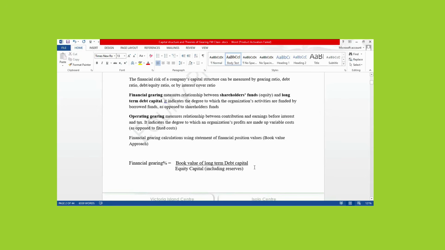You calculate in percentage, please. We pick the long-term debt in your balance sheet divided by the equity capital. The equity capital will include reserves. That is what we call shareholders' fund: share capital plus reserves.